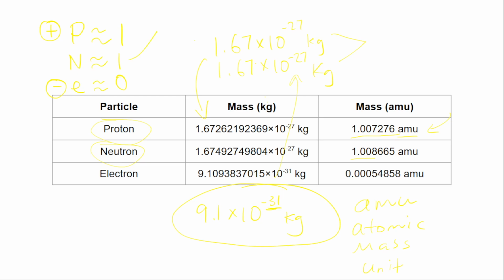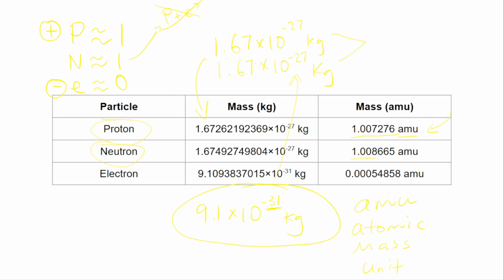So does it mean that a neutron is actually a proton plus electron together? No, it's not. So a neutron is its own type of particle, okay? It's not a combination of proton and electron. We can prove it by simple math.